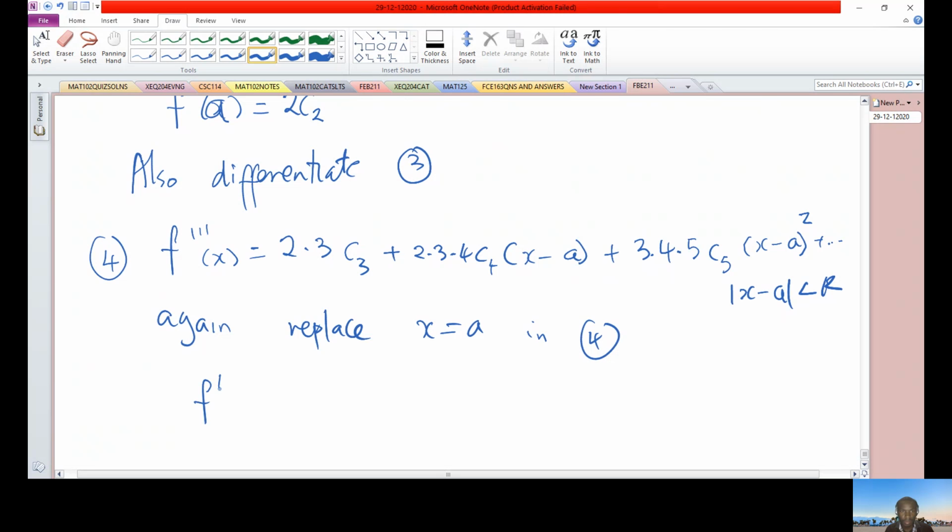So this will be given by 2 times 3 c3, which is 3 factorial c3.